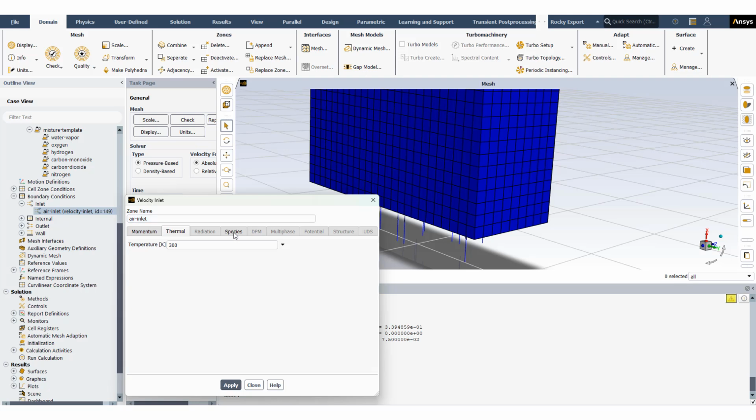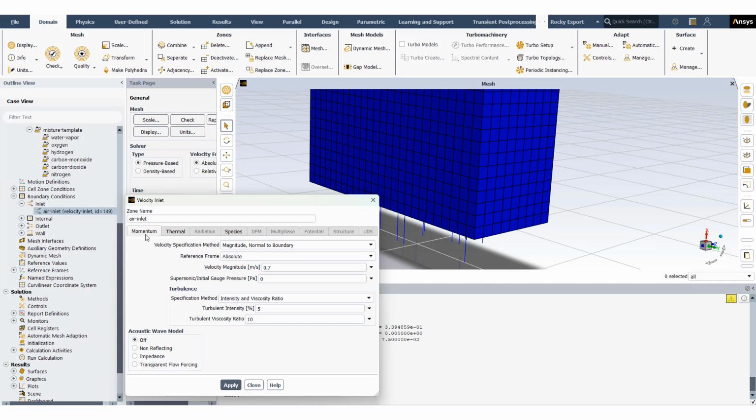I did patch the domain at initial time to make sure that the temperature was high enough to induce ignition, and we are adding 20% oxygen by mass, 10% water, and the balance being nitrogen, so 70%.